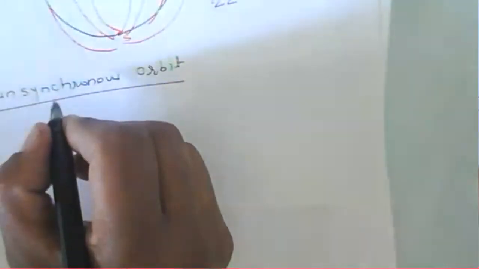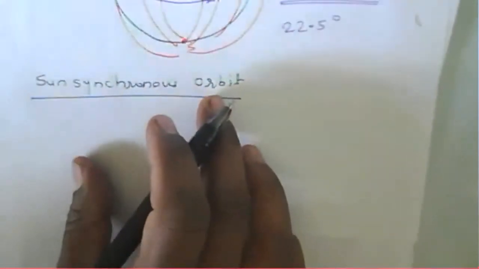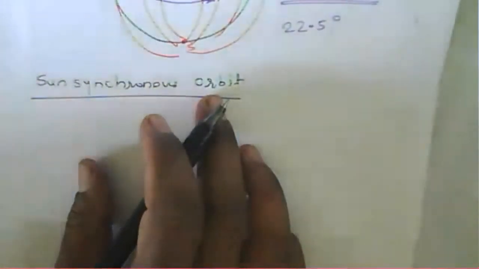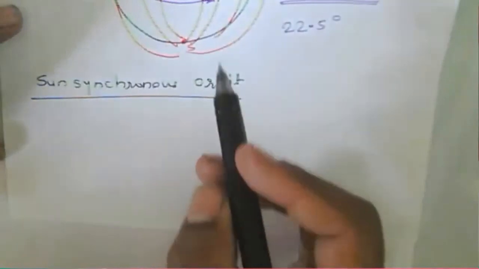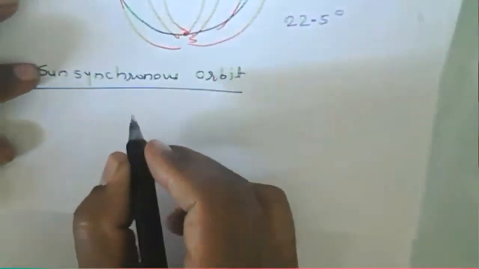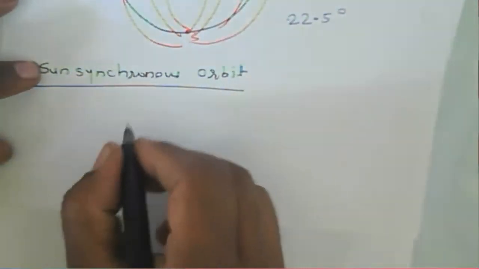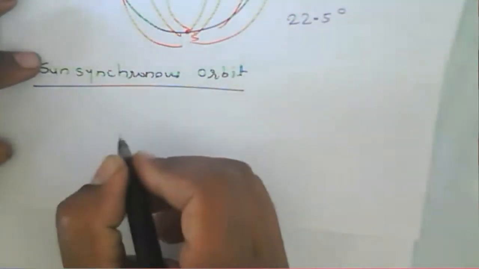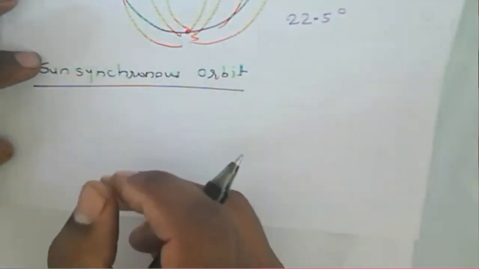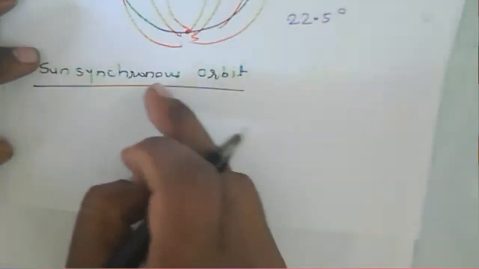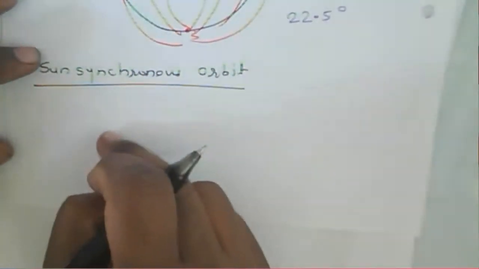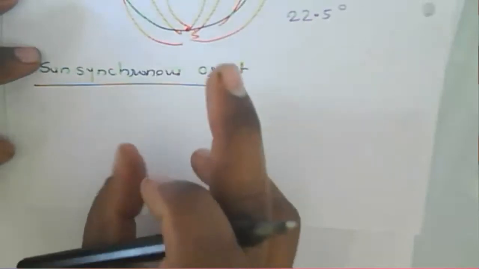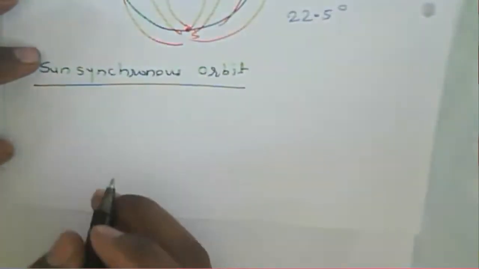Generally we say that if a satellite is present in an inclined orbit, then that satellite traces the Earth's surface over several revolutions. So it requires multiple revolutions to cover that particular Earth surface, or that particular area.